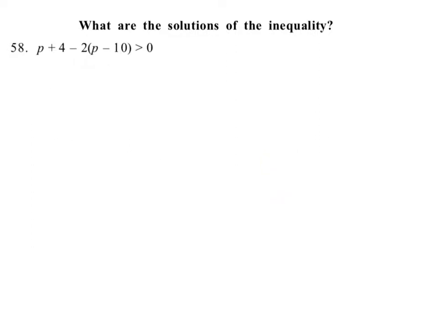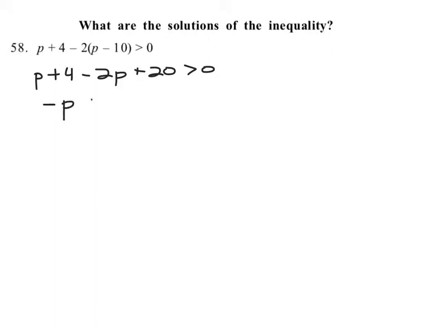So we're going to simplify this out and we're going to solve for p. So we say p plus 4. We got to distribute that -2 to everything in the parentheses. So -2p plus 20, -2 times -10 plus 20, greater than 0. And when we combine like terms, we get p minus 2p is -p.